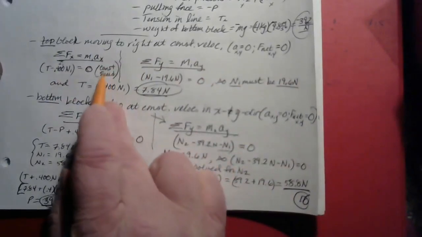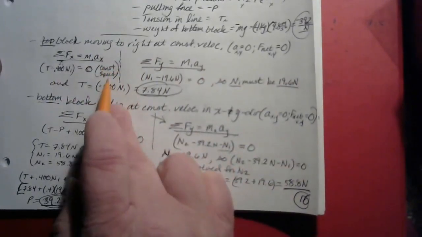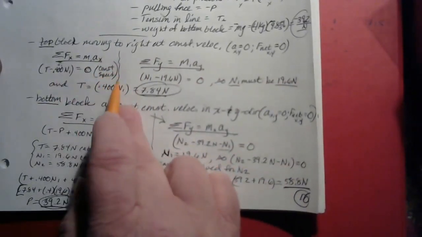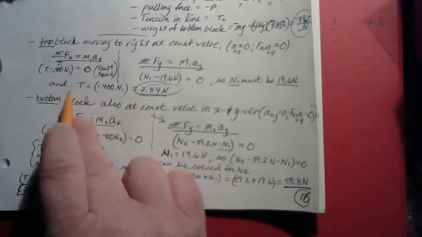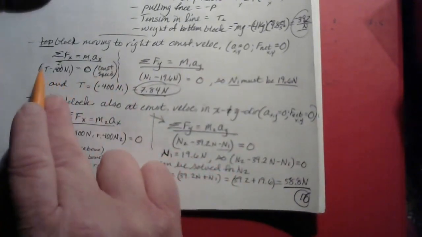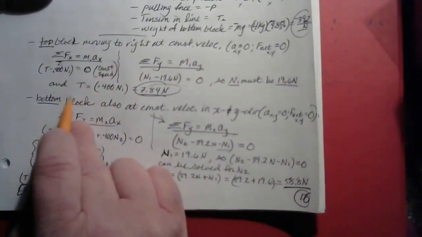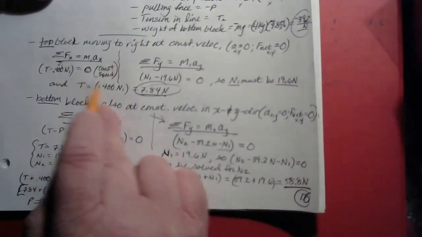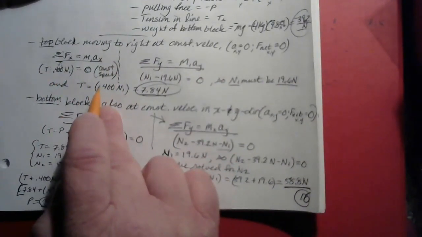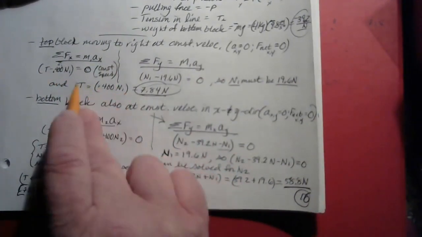And that's because the box is moving at constant speed. Okay, so we have T minus 0.4 N1 equals 0. What that tells you is that T must be equal to 0.4 times N1.